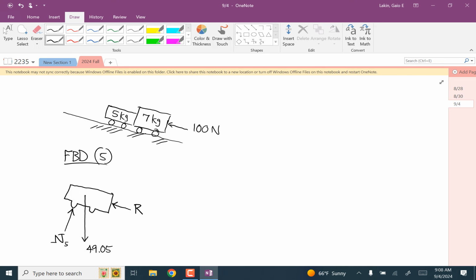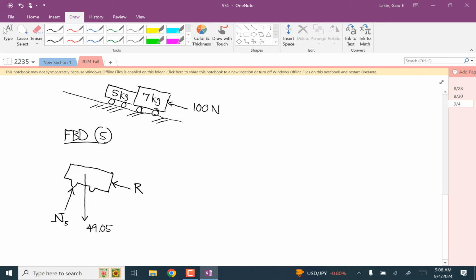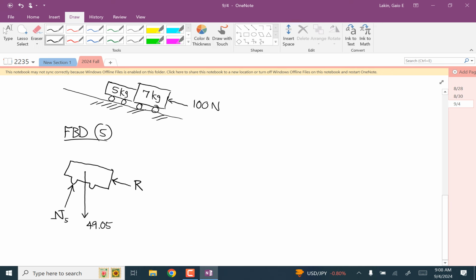N is for normal, like you always use in physics. R is for reaction, and both of these are reaction forces. But N's and R's are pretty common variables to use for pushing forces.